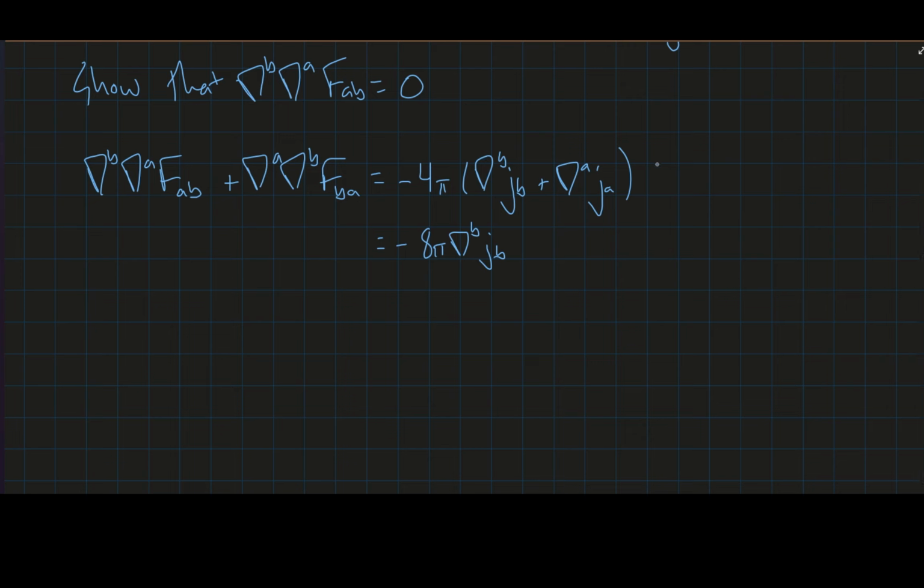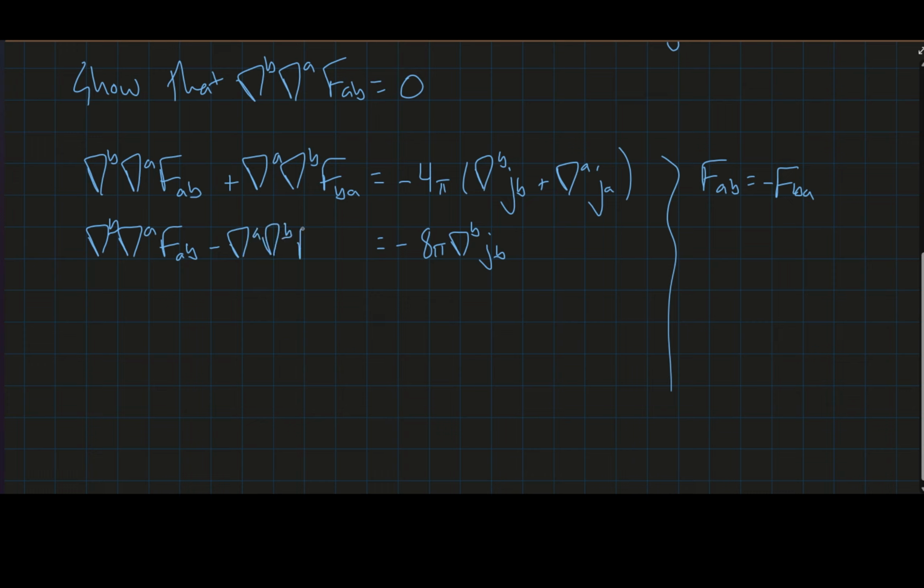So since the electromagnetic tensor is antisymmetric, in other words, F^AB is minus F^BA, we can rewrite this as nabla_B nabla_A F^AB minus nabla_A nabla_B F^AB, just so we get the same tensor there and we can actually pull it out.